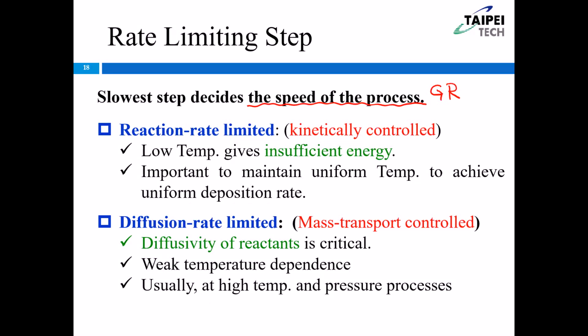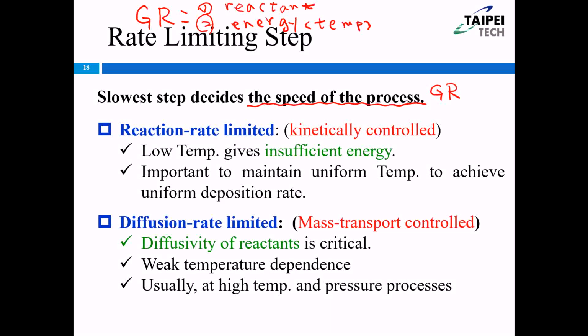It means if I want to decide the growth rate, there are 2 factors. The first one, we need to know if we have sufficient reactant or not. And the other one is, do we have sufficient energy? Energy, for example, like the temperature. Okay?